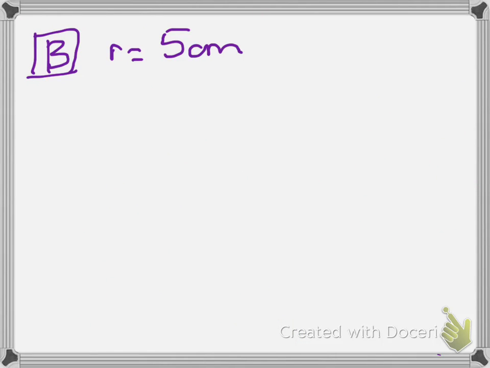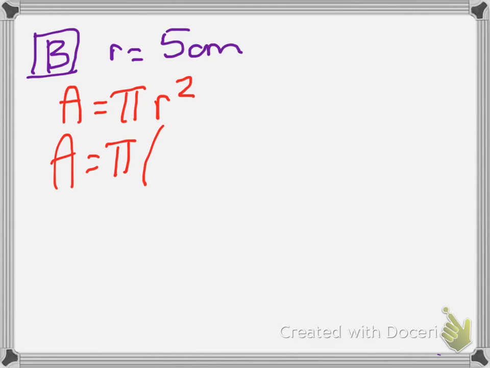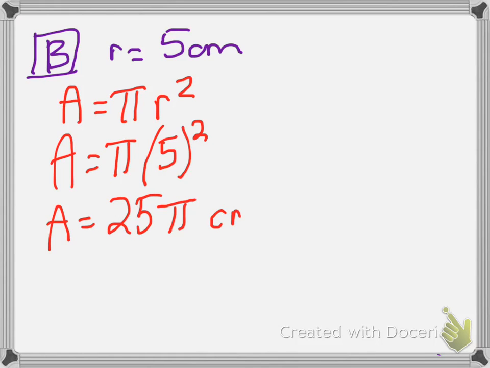Here's this one last example, and then we'll be done for tonight. Radius of 5 centimeters. Finding the area, pi r squared. Area equals pi times r squared, 5 squared. What is 5 squared? 25 pi centimeters squared.